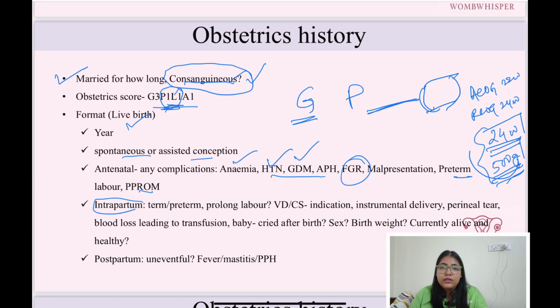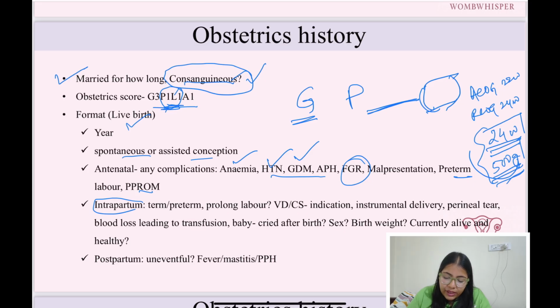Suppose it was done for contracted pelvis, then again cesarean will be done. But if it was done for non-recurrent reasons, like breech or macrosomia, then there may be a chance that we can give the patient TOLAC if the condition is not there again.